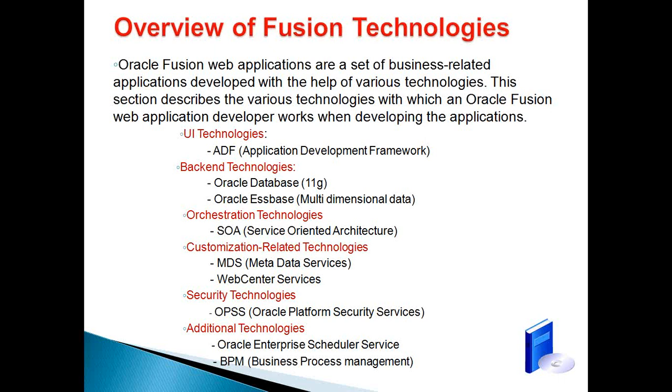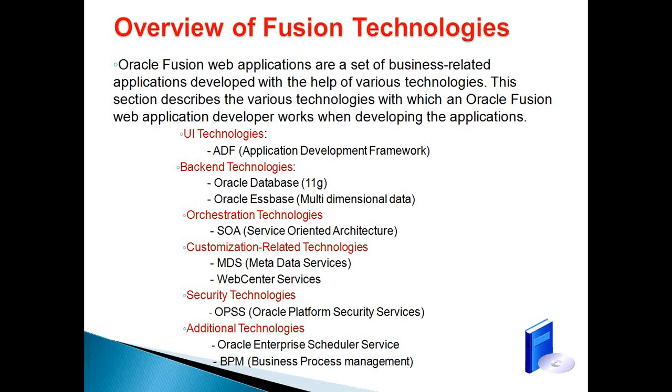And these are some of the technologies used within the Fusion applications as we discussed already. So the latest technologies, like for UI, they have used the ADF technologies, application development framework. Then we have backend technologies like database 11G, and I think they are moving to 12C also. Then order orchestration, SOA, service oriented architecture for your approvals, along with BPM, business process management.